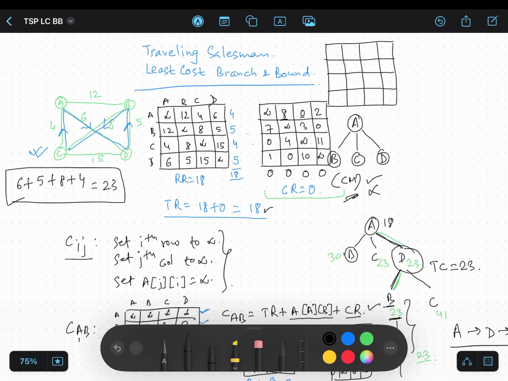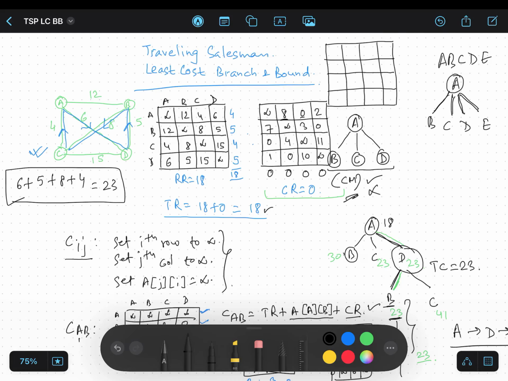So this was a 4-node problem, but the solution could be generic. If you get a problem which has 5 nodes, let's say A, B, C, D, E, then the solution will remain the same, although the solution is going to be a bit more lengthy, because let's say we want to go from A, then we can either go to B, C, D or E. So here we calculated A to B, A to C and A to D. Here you are going to calculate these.